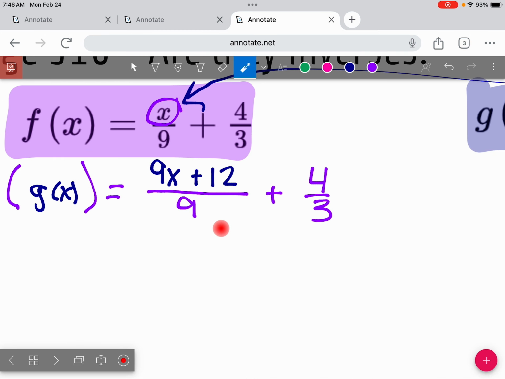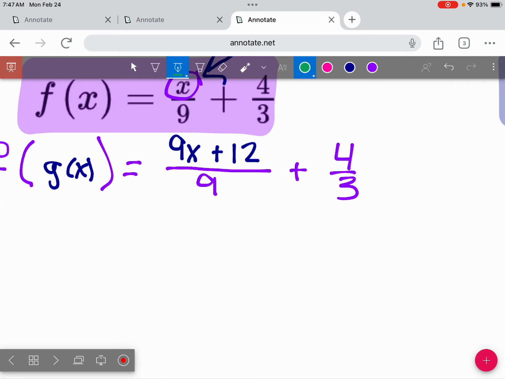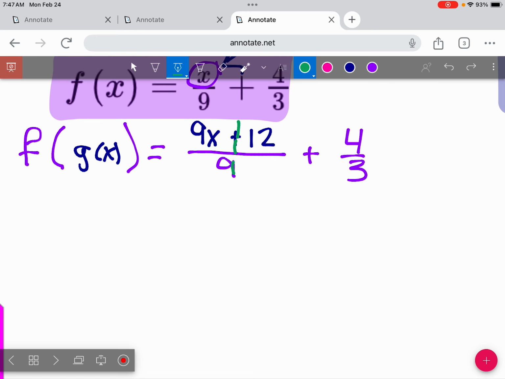Because what can we do to try and simplify this fraction thing? Ugh. Multiply by 1? Wait, no. We'd have to do that to both sides of the equation, which means we'd then have to just divide back anyway. So that's not going to be quite the plan we want. So divide. Yeah. Think of it like when we were dealing with monomials, we'd cut it apart at the plus sign. Make separate fractions. So we have 9x over 9 plus 12 over 9 plus 4/3.